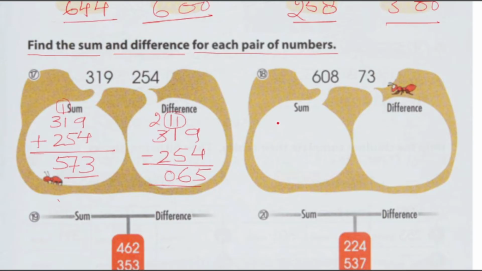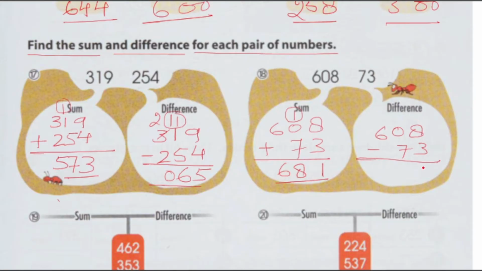Now we have to add 608 and 73. So 8 plus 3, 11, carry 1 forward. 1 plus 7, 8. 6 will remain as it is. So 681 is the sum. And the difference, 608 minus 73.